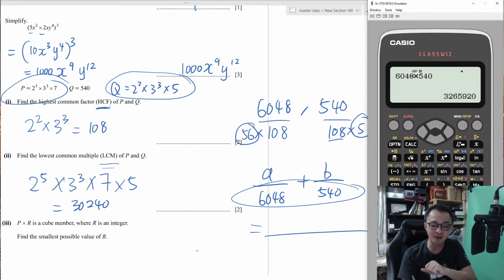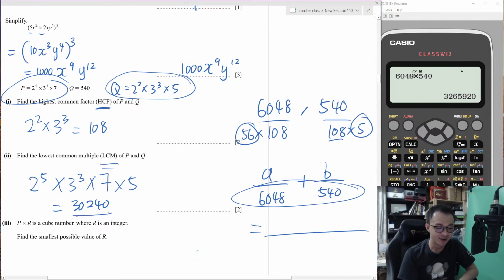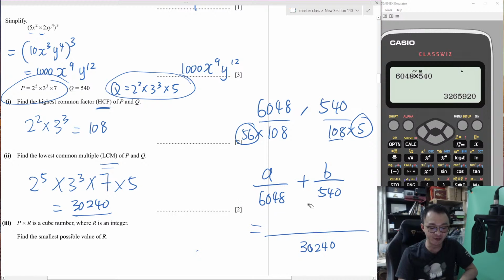But then this number is not the lowest, because you realize this is about 7 digits, while this one is just 5 digits. So here, I know both of them can become 30240. So this is the meaning of lowest common multiple.